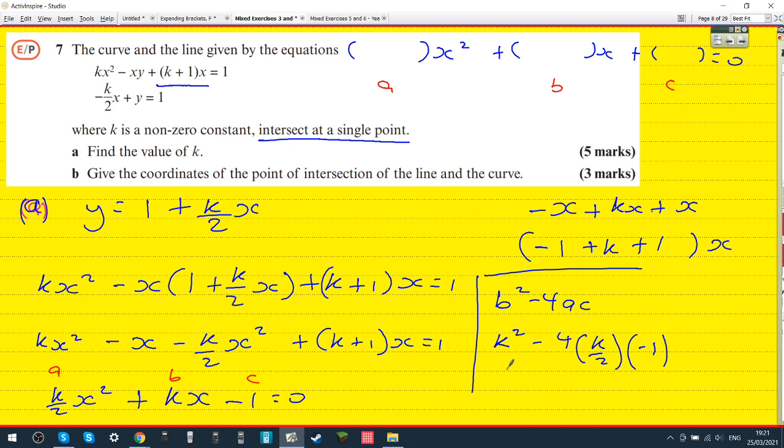Yep. Wait, would it be 4k over 2? Yep. And then you multiply by minus 1, which gives you just plus 4k over 2. And what is 4k over 2? 2k. Well done.